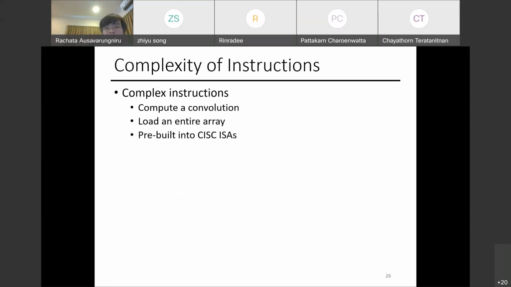Complexity of the instruction. You can add, if you want, an instruction to compute a convolution. Anyone here heard about tensor core? For those of you who heard about tensor core, anyone know what is a tensor operation?